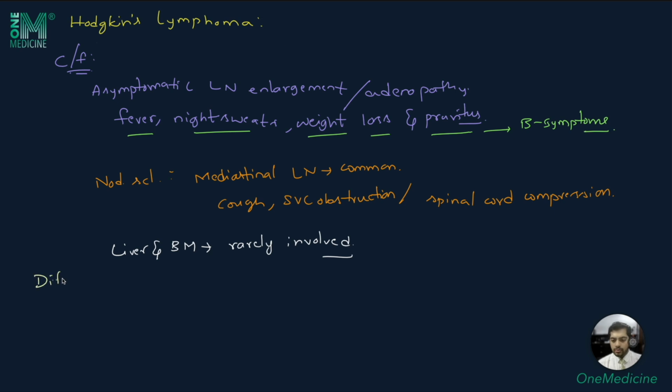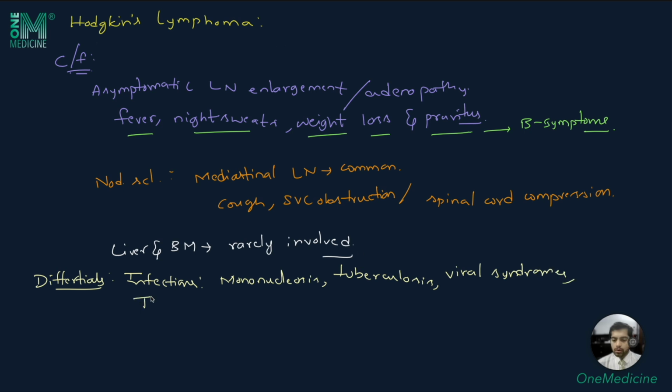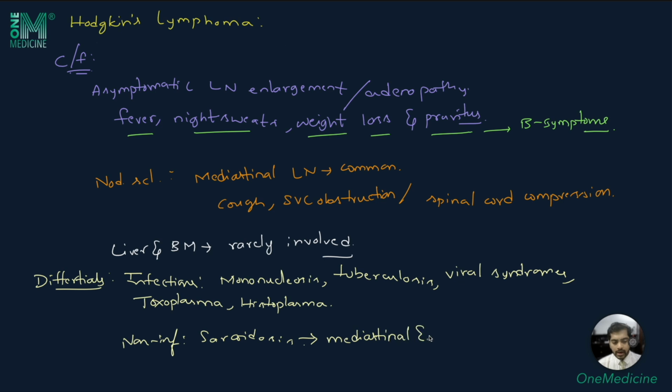And there are various differentials for Hodgkin's disease: infections, mononucleosis, tuberculosis, viral diseases or viral syndromes, toxoplasma, histoplasma, non-infectious diseases such as sarcoidosis is a differential with mediastinal nodes and hilar nodes.